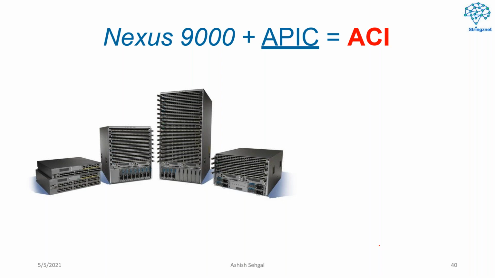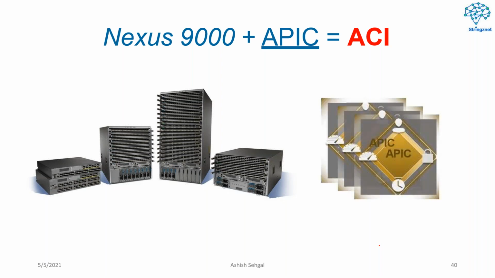The Nexus 9000 data sheet by Cisco can provide you this. Now, these switches are connected in a leaf and spine topology, as we have seen. Another component of this ACI fabric is the APIC controller, which stands for Application Policy Infrastructure Controller.